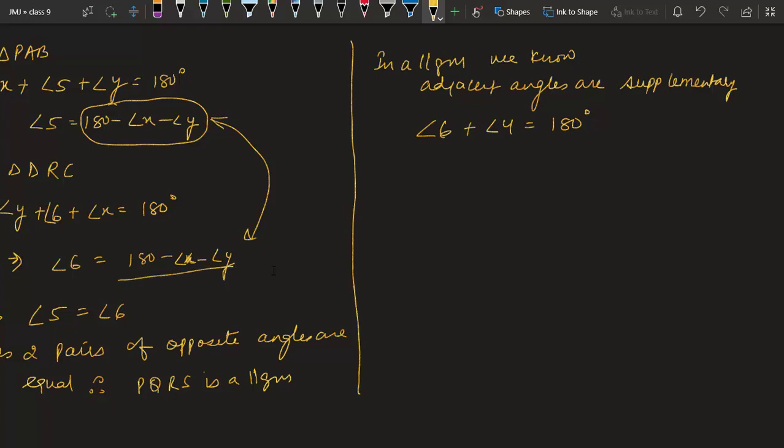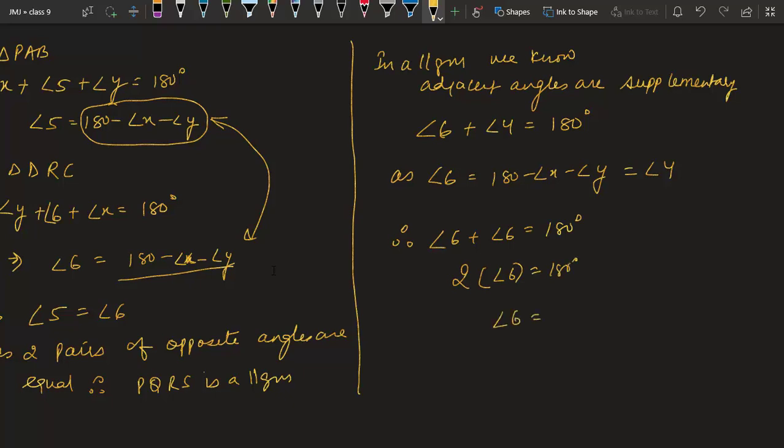So all angles are equal. Angle 6 is equal to angle 4. So we can say in this case angle 6 plus angle 6 is equal to 180 degrees, that is twice angle 6 equal to 180 degrees, which gives us angle 6 equal to 90 degrees.